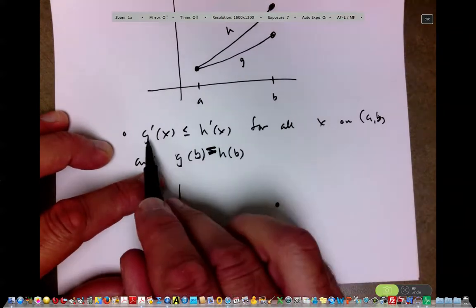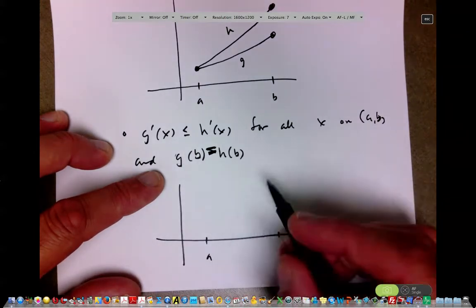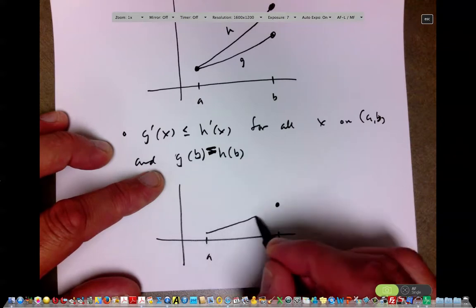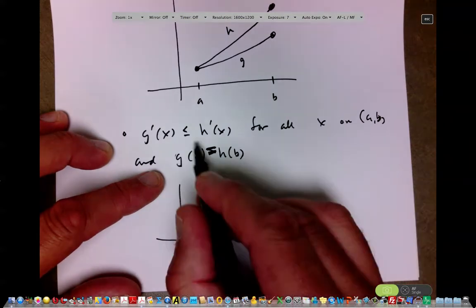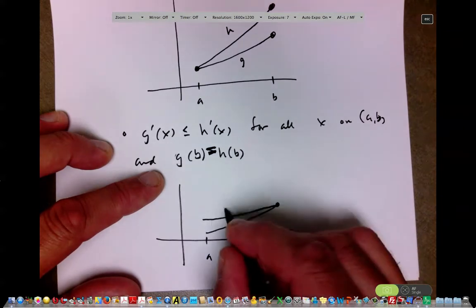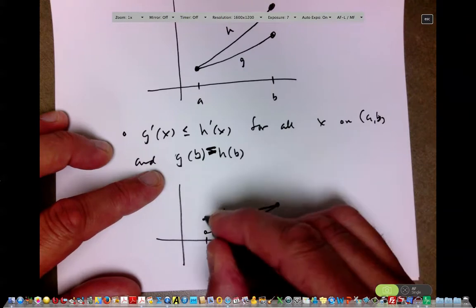All right, we're saying that g prime is less than h prime. So again, h is going to do something like this, and g is going to be less steep, so g must do something like this. And so then we want to say something about the beginning points.